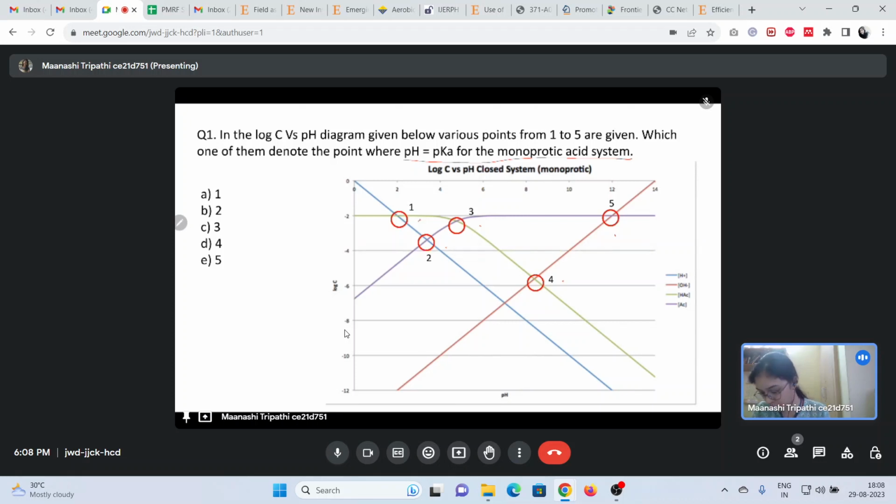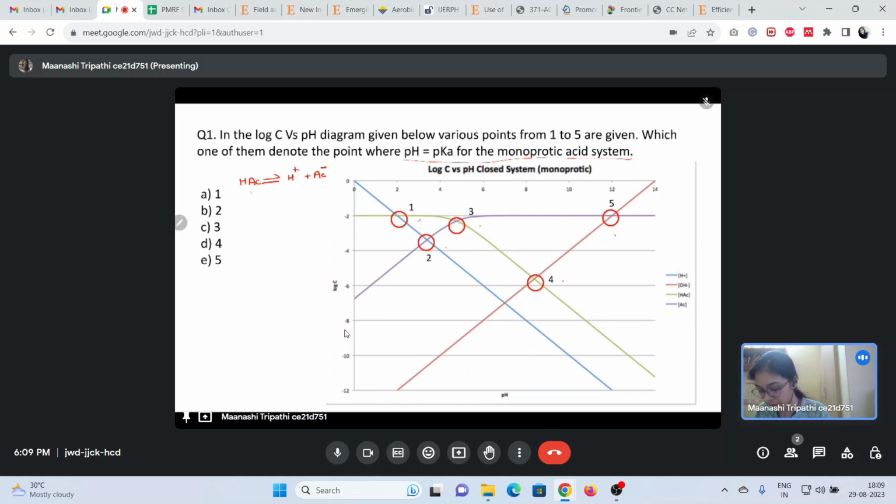What are these monoprotic acids? Like HA. When this HA dissociates, it produces one proton because it is monoprotic, and a conjugate base. We can write it like this so that you can see such denotations.